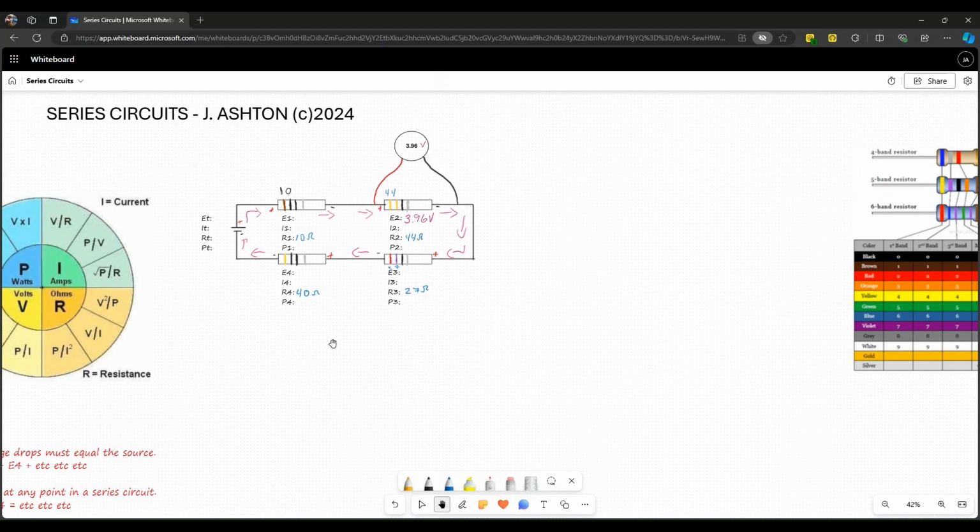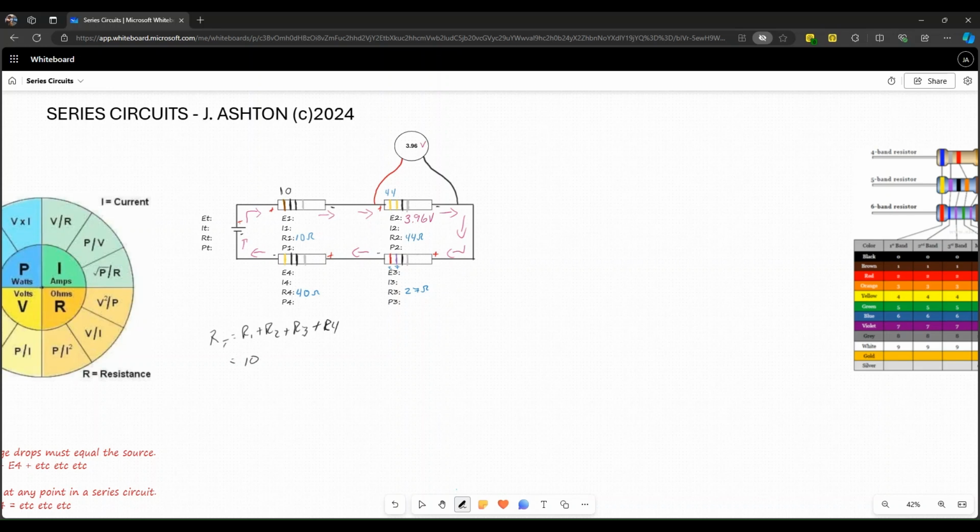Okay, now we can do some Ohm's Law, because with Ohm's Law, you need at least 2 values to be able to do it. And before we even do that, we could actually find RT, because one of the rules for a series circuit is RT equals the sum of all resistor values. So RT equals R1 plus R2 plus R3 plus R4.